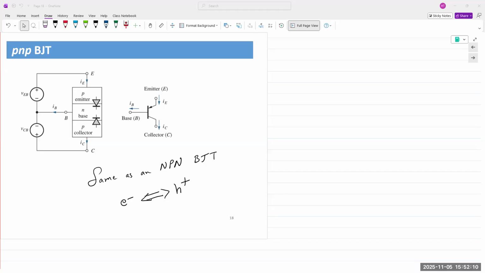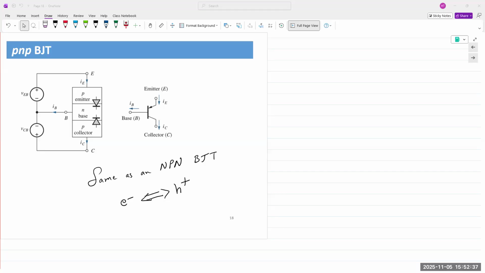The answer is yes. I wouldn't say worse in that sense, but the speed and the performance of PNP devices compared to an NPN device would be lower. The reason for that is holes are localized in the structure, whereas electrons are free to move around anywhere.